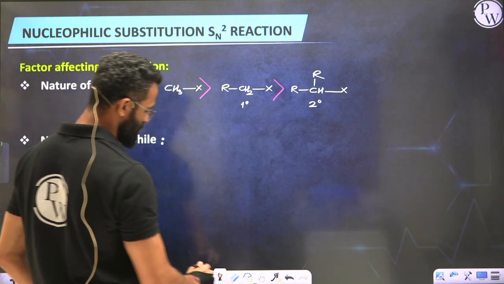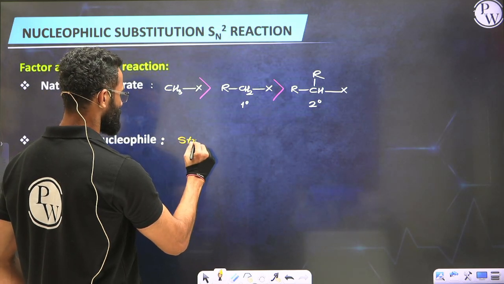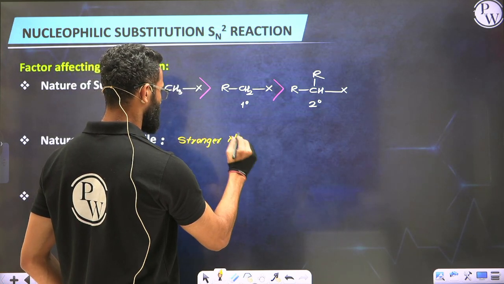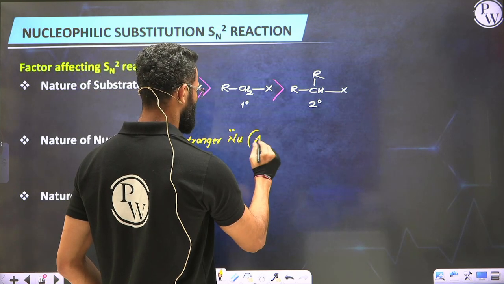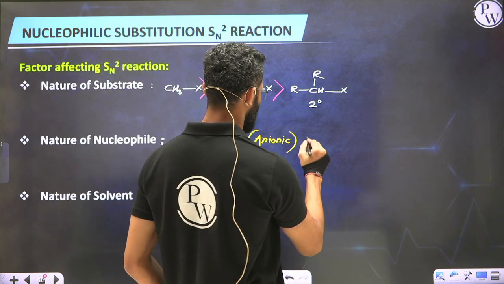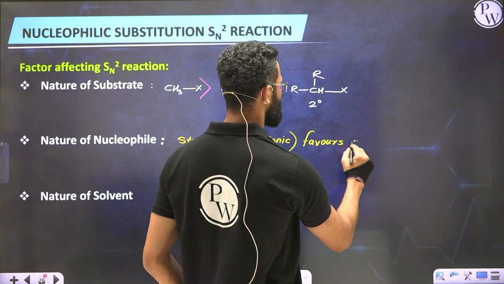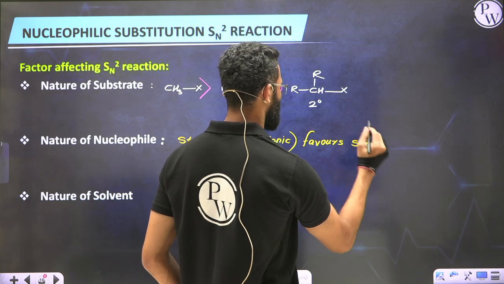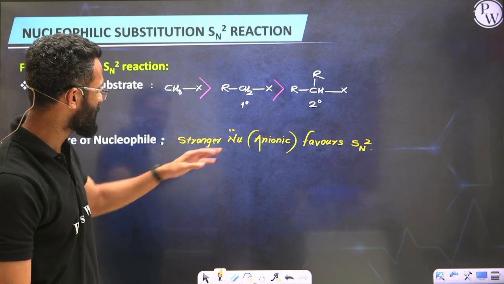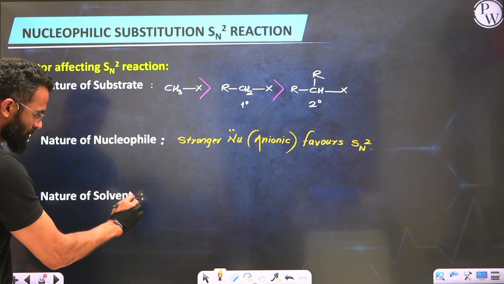So we can say a stronger nucleophile, that is an anionic nucleophile, favors SN2, because we have studied that anionic nucleophiles are stronger than neutral ones. So an anionic nucleophile, which is a stronger nucleophile, will always favor SN2.